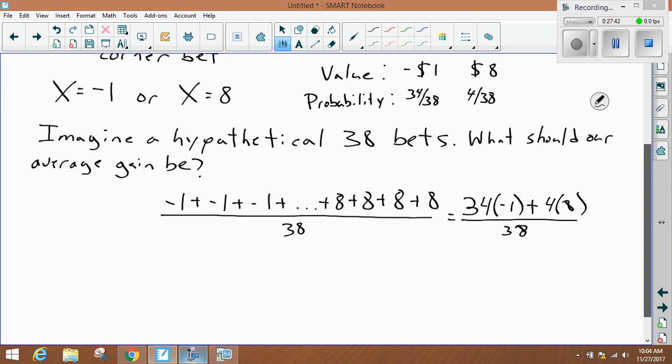So we wind up with negative 34 over 38 plus 32 over 38.